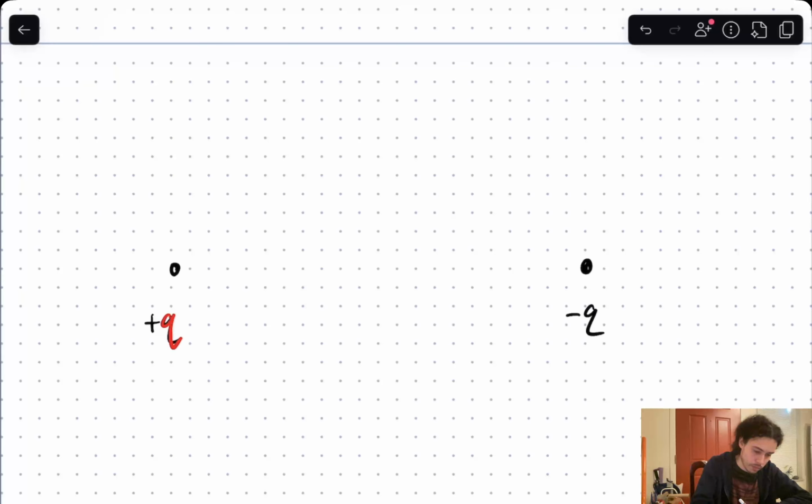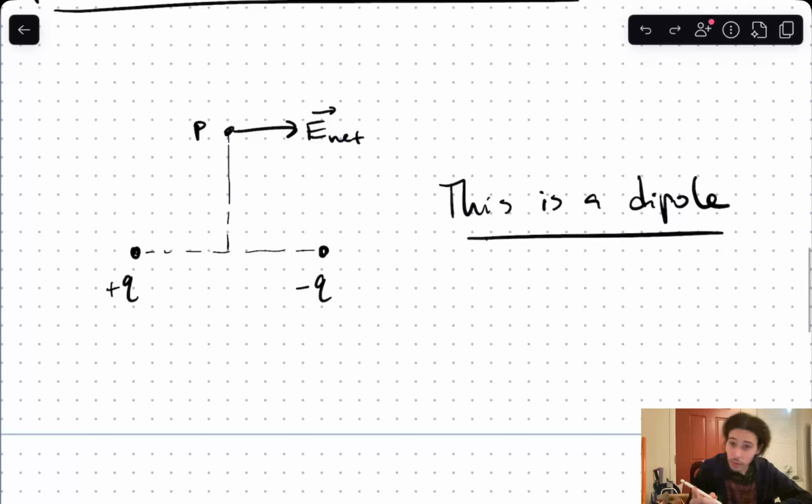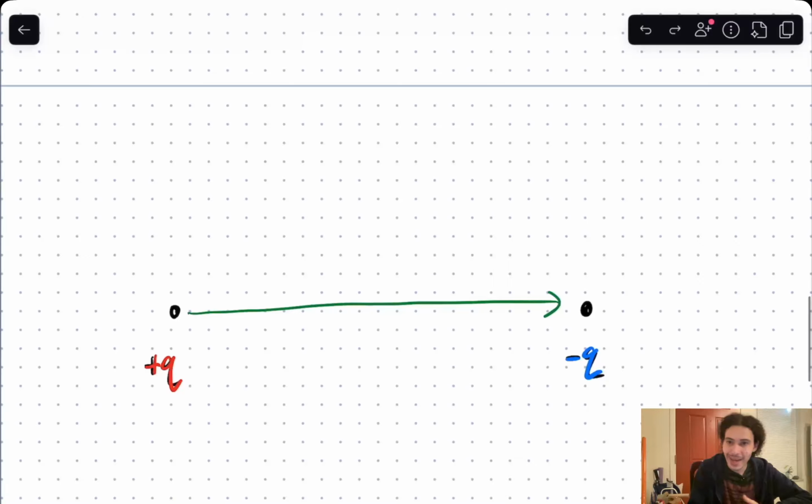Actually, let me choose another color for the electric field. Say something like green. How about that? Okay. Yeah, so if you were to do this calculation for a series of points all around, you'd end up finding out that generally the electric field kind of looks something like this.